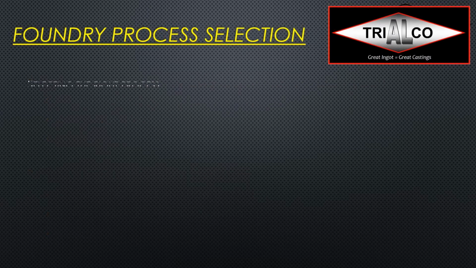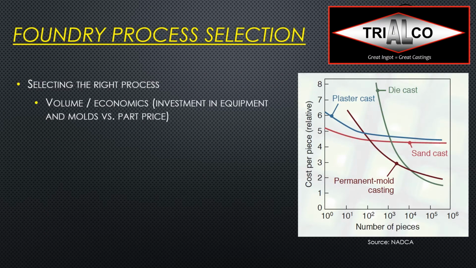So just as a quick recap on the foundry process selection, you might want to first have a look at what is going to be the volume of the castings that I'm planning on making, and volume can be per month, per year, or in total. So if you have a huge volume, well, then you might want to consider die casting because you will have a big investment.